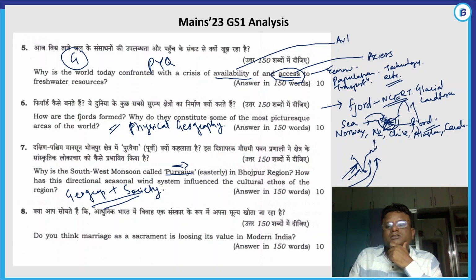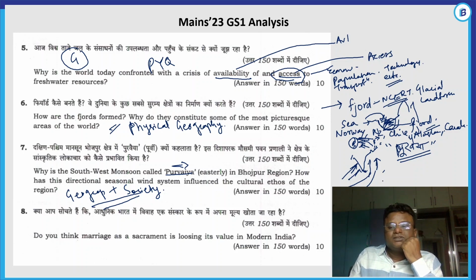And here in the northeastern ranges, the Himalayas do not allow it to go beyond, and it turns leftward and flows into the Bhojpur region from the easterly side. And that's why it is called Purvaiya. And you might have heard many songs which use this word, right? But we never actually think about where this word is coming from. So that's the reason.